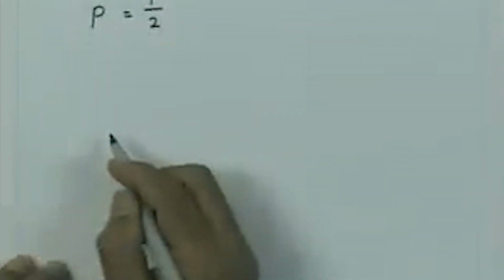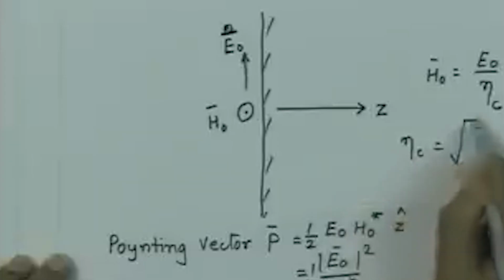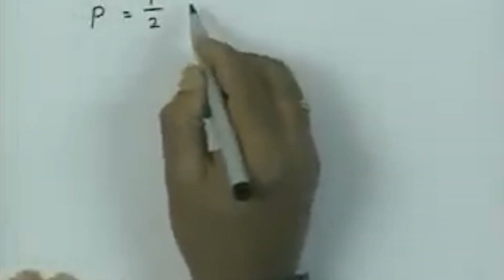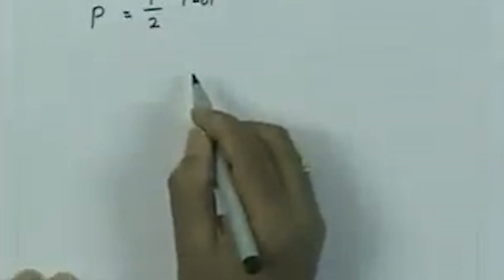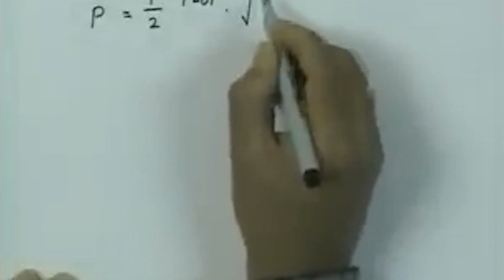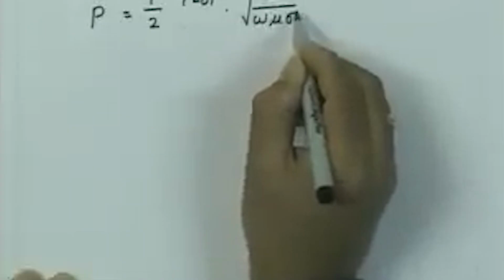So, the P will be half, and if I rationalize this quantity eta c, which is square root of j omega mu upon sigma, then I will get this half E naught square into square root of 2 upon omega mu sigma.